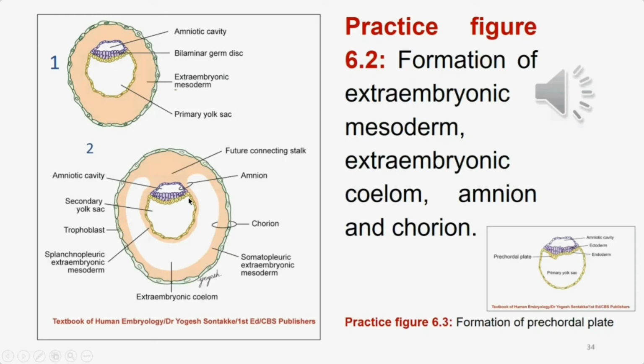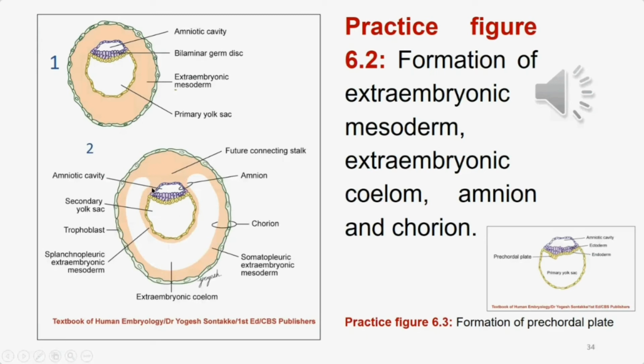The part that lies nearer to the trophoblast is known as the somatopleuric extra-embryonic mesoderm. It is also known as the parietal layer of the extra-embryonic mesoderm.